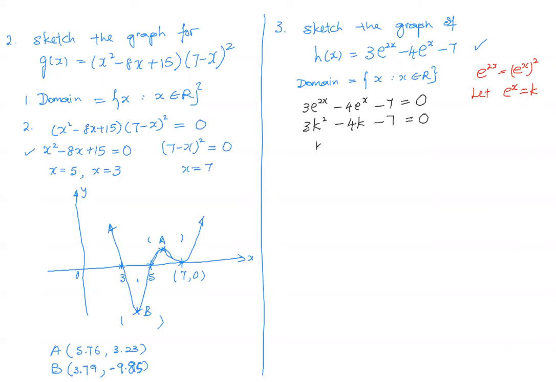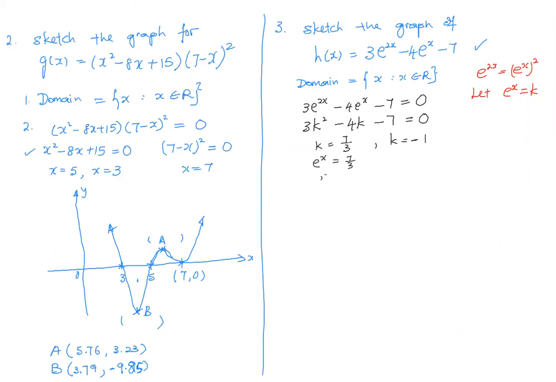So you got two k values, 7 over 3, and the other k is negative 1. Am I right? Yes, you're right, teacher. Okay, so e to the power of x is equal to 7 over 3.